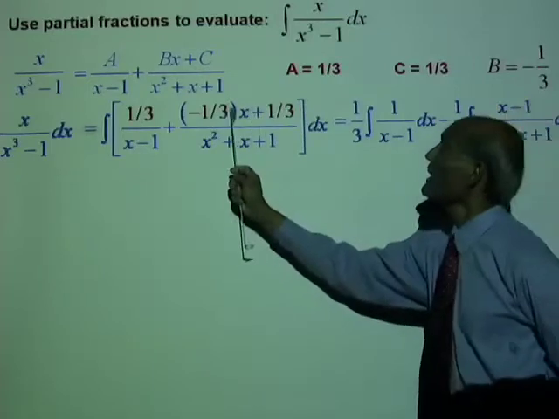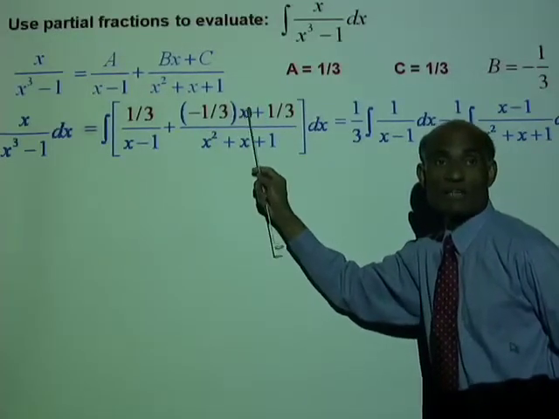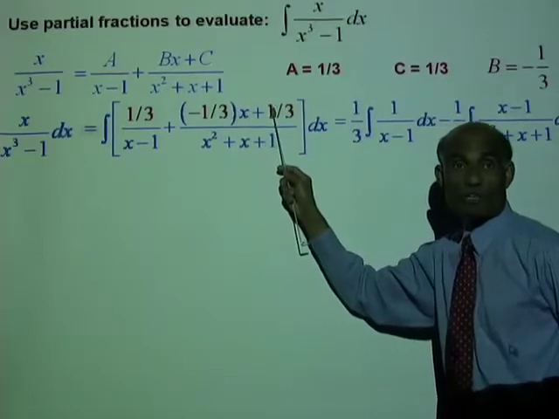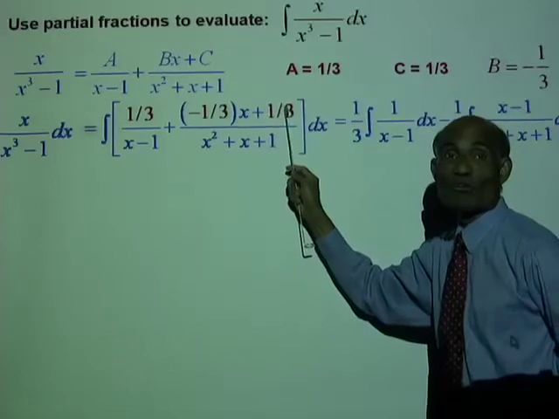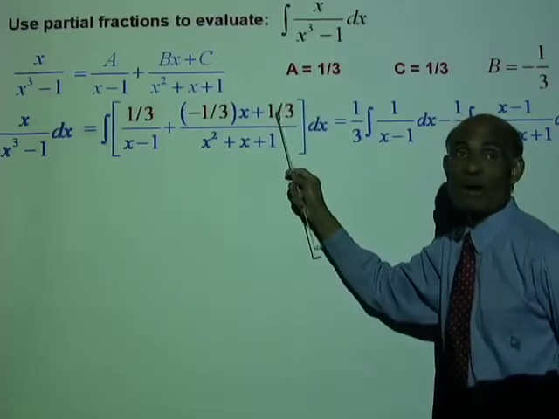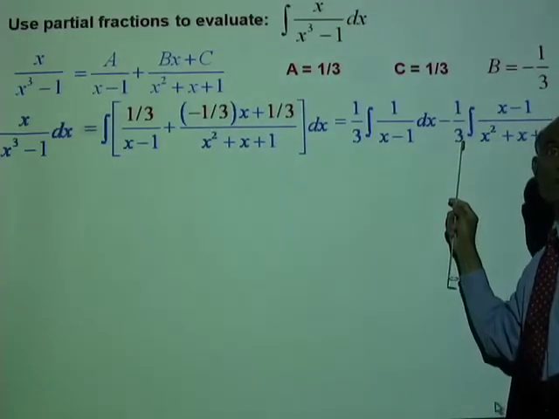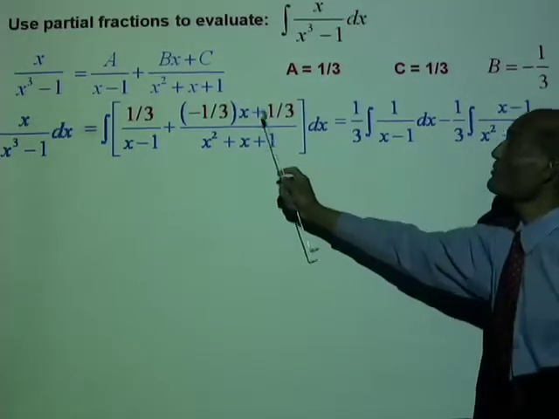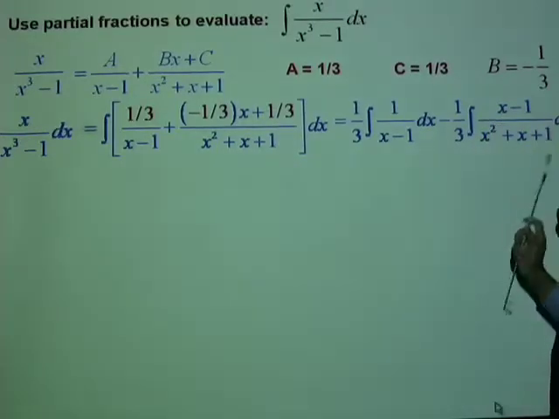Now remember, when a negative 1/3 is factored out from here, this x will remain positive and this will become negative 1, because 1/3 times negative 1 is negative 1/3. So negative 1/3 comes out. What's remaining there is the integral of x minus 1 over x squared plus x plus 1 dx.